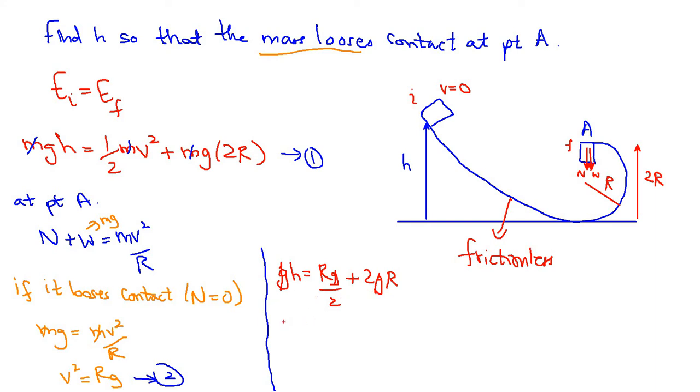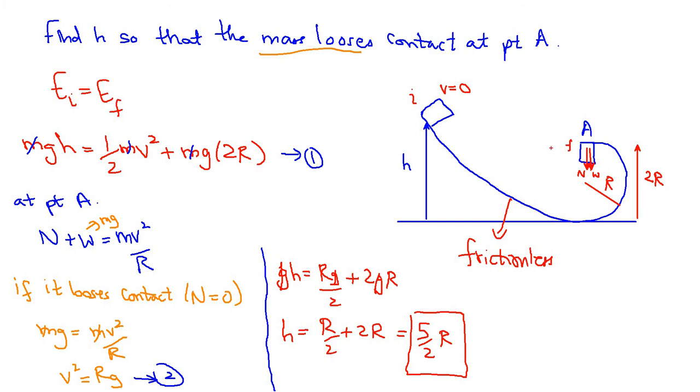So h is r over 2 plus 2r, and we get 5 over 2 r. So that's the height at which, if you release the block, it is going to lose contact at point A.